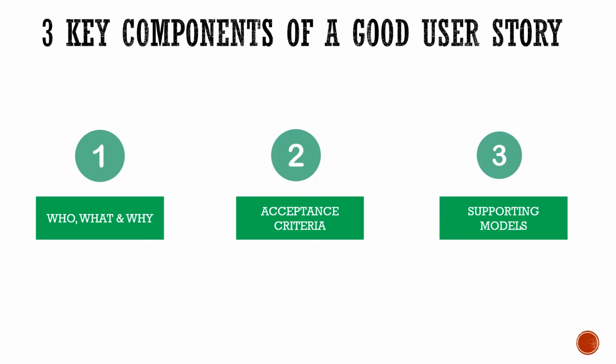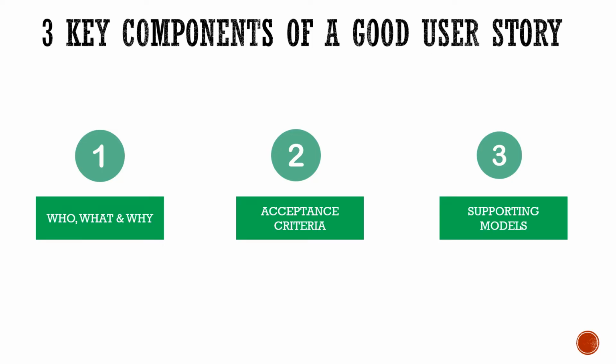Component number three, supporting models. These are supporting documents or analysis models like screen mockups, process flow, screen navigation flow, data models, business rules. These are artifacts which can be added to the user story, which provide more context, background and information to the development team and also to the testing team.